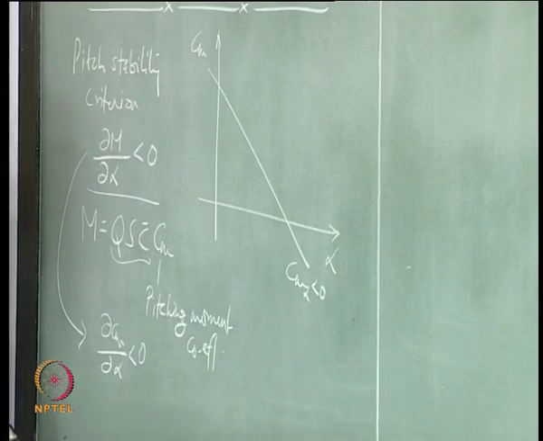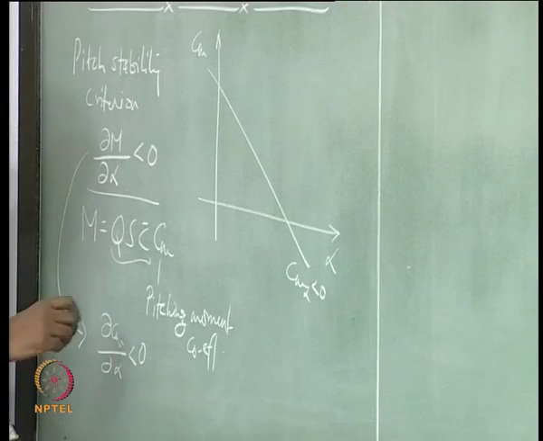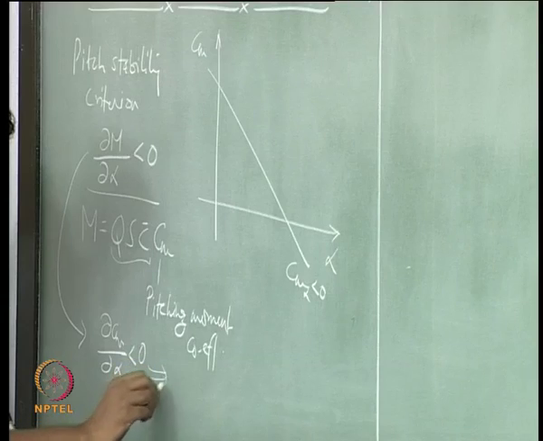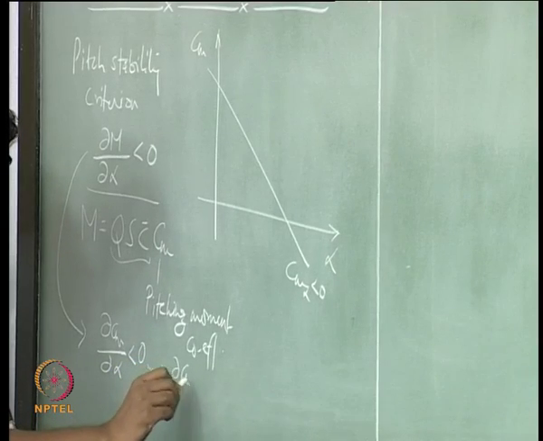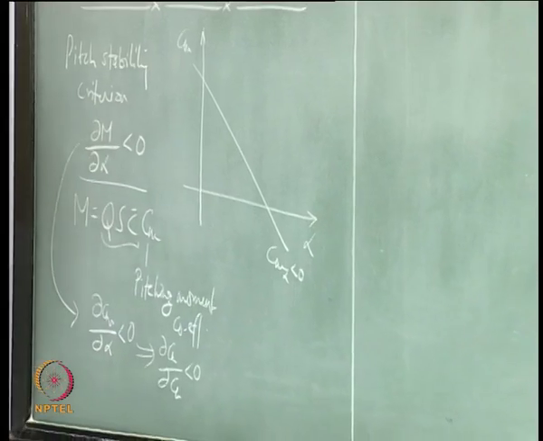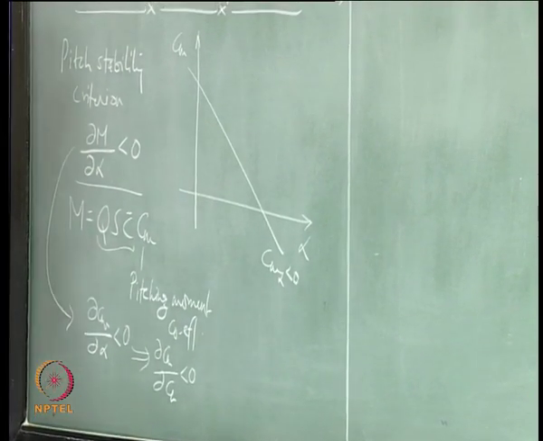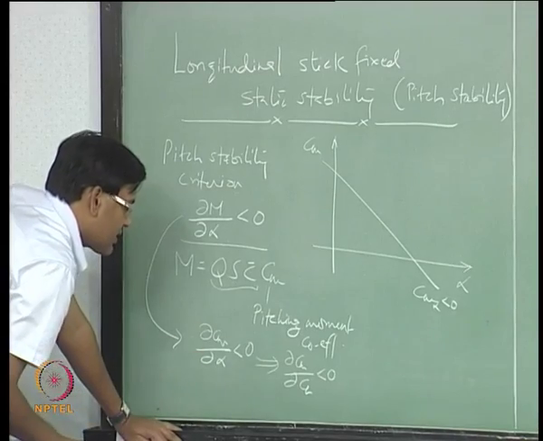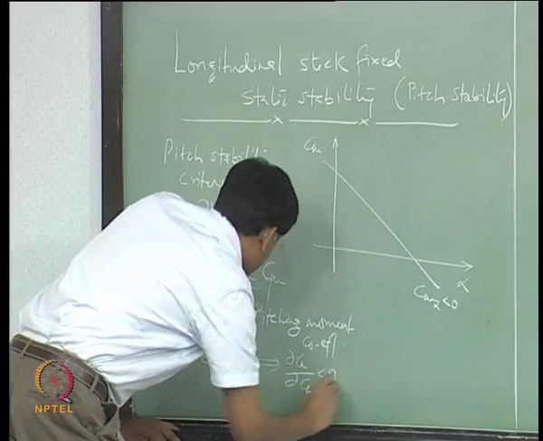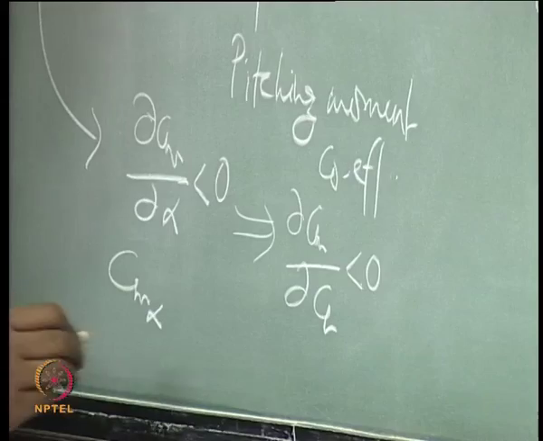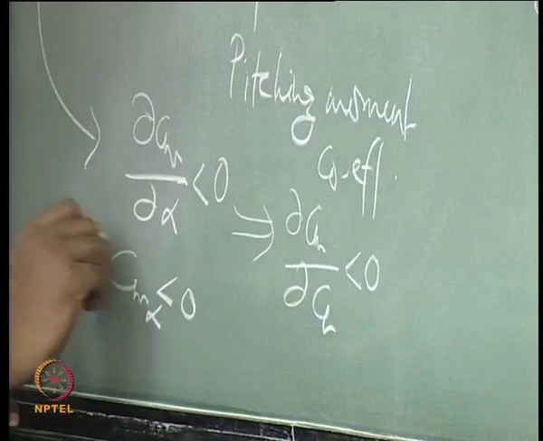So, dCm over d alpha should be less than 0, and this is also equivalent to saying dCm over d Cl is less than 0. In short form, this is Cm alpha.